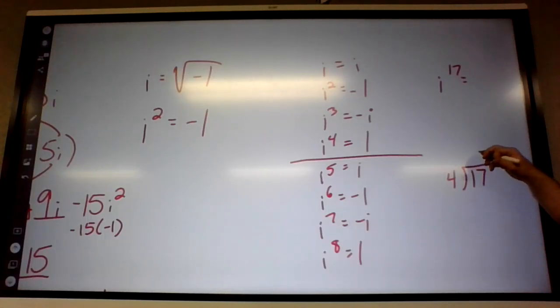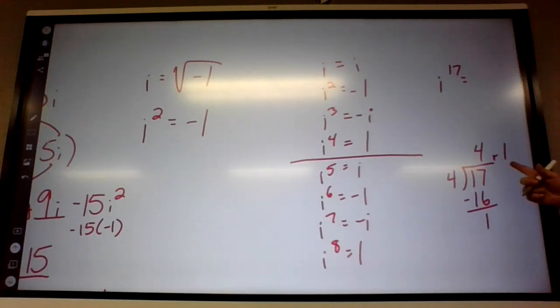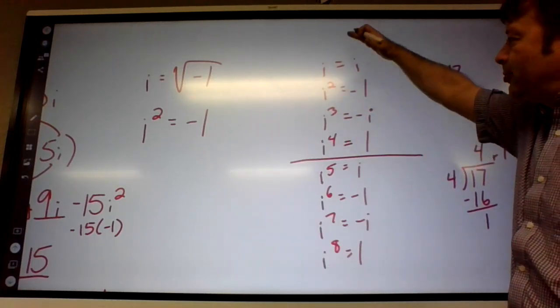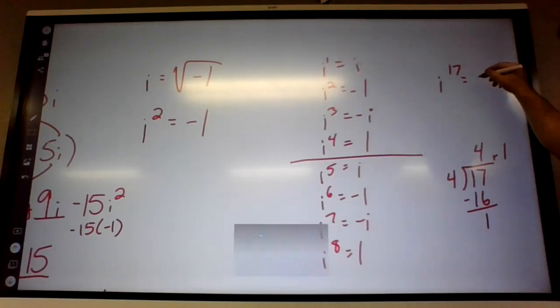So 4 times 4 is 16. It's going to go through 4 times. The remainder of 1 means it's going to go through this pattern 4 times, and the remainder of 1 means we're going to go back to the first one. So this would just equal i.